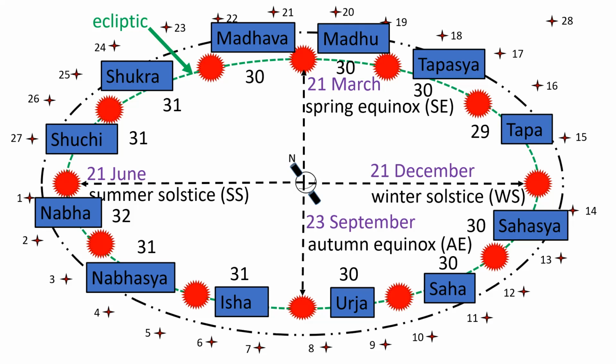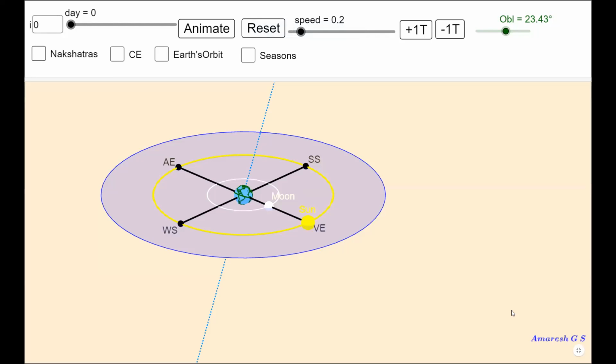And Madhu, 30 days. And this is what we meant by the statement that the duration of the solar month can range from anywhere from 29 days to 32 days. Let us look at the demonstration simulation. Earth at the center, inclined at an angle.